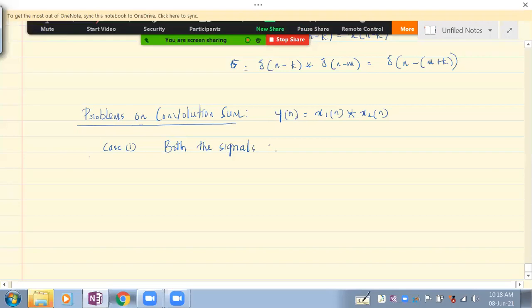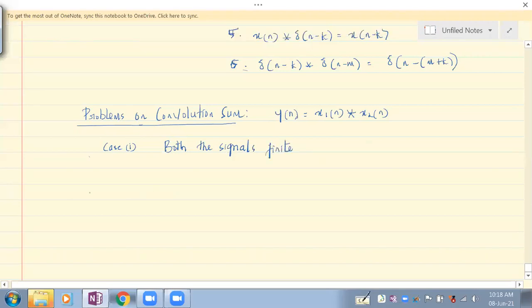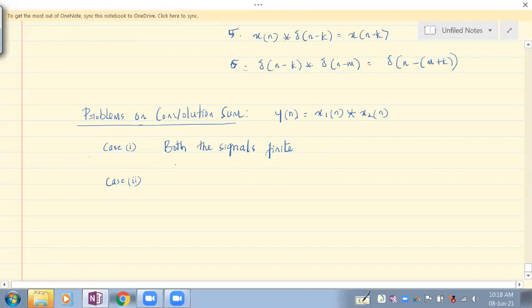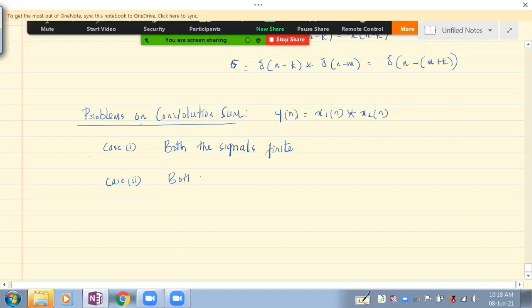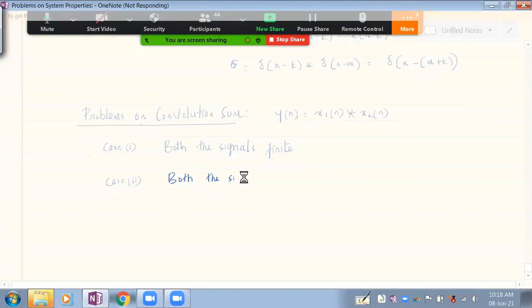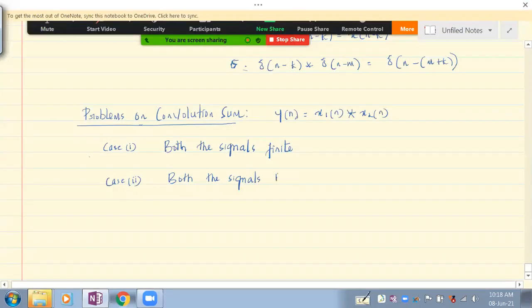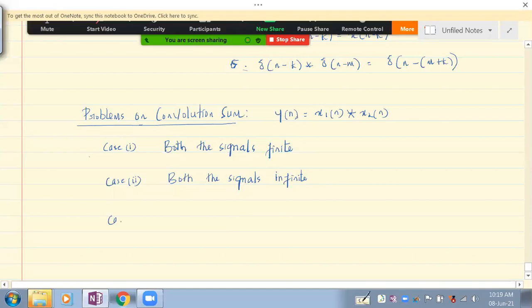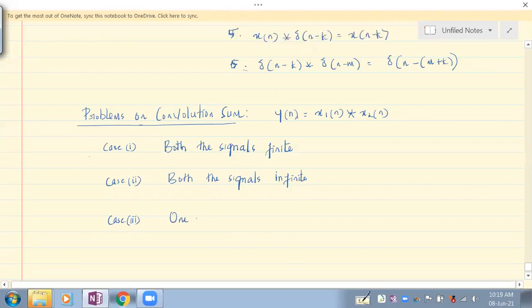In case 2, both the signals infinite. In case 3, we shall see 1 finite and 1 infinite.